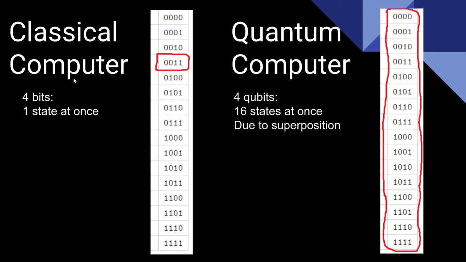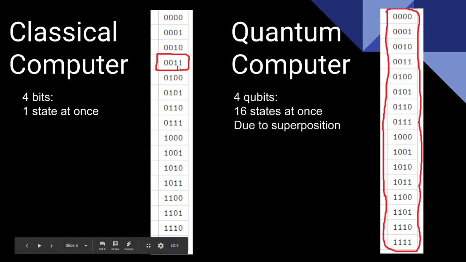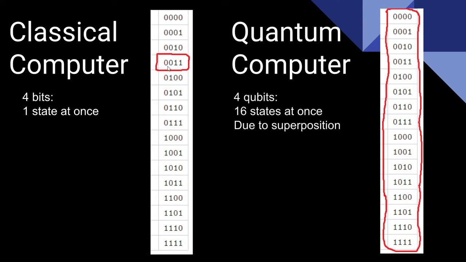In a classical computer, in this example, we have 4 bits. Since it's classical, each bit could only be 1 or 0. So even though these 4 bits have the potential of encoding up to 16 different states, they can only be in one state at once. This state is currently 0, 0, 1, 1.